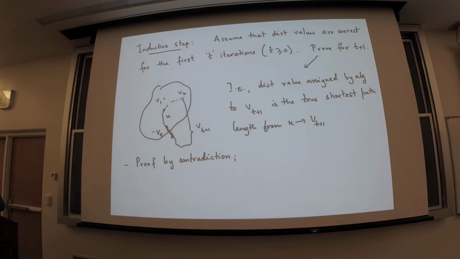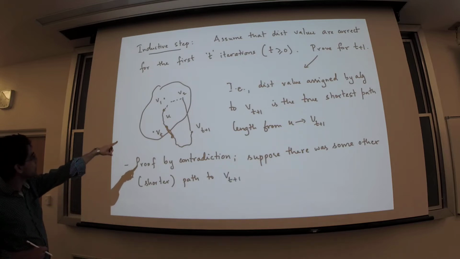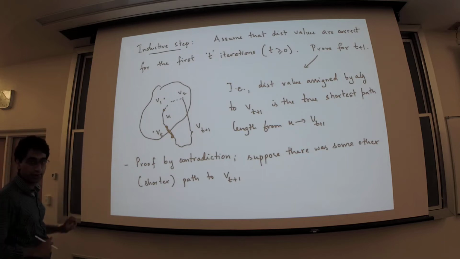You say that suppose there was some other and shorter path to vt plus 1. So that path should have exited S at some point.